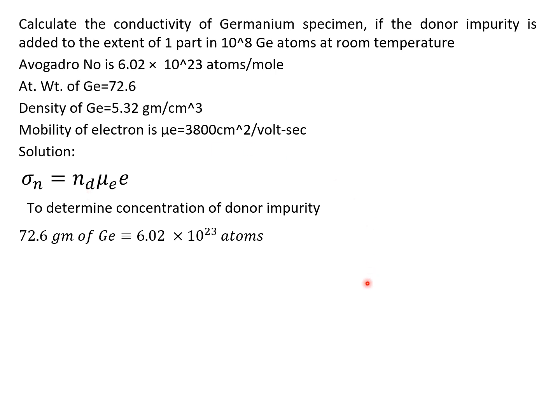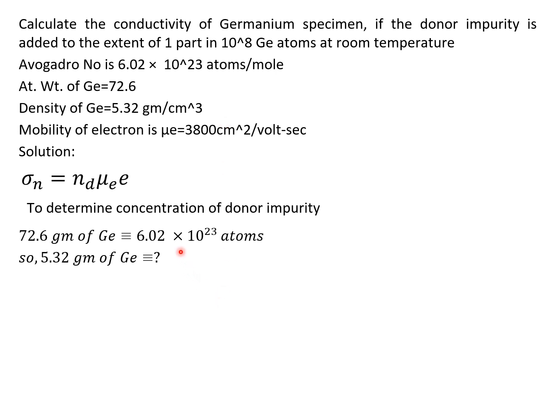So, to calculate this concentration of donor impurity, what is 1 mole of germanium? 1 mole of germanium is 72.6 grams. So, 72.6 grams of germanium contain Avogadro number of atoms. So, how many atoms will be there in 5.32 grams? 5.32 is the density of germanium.